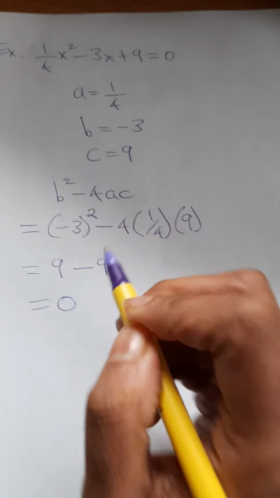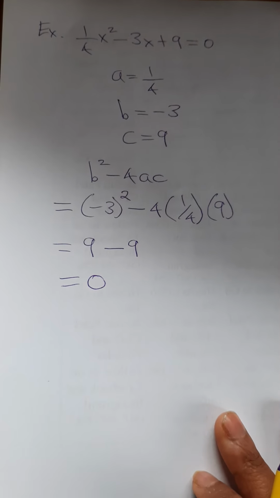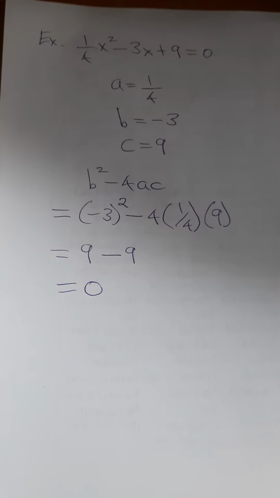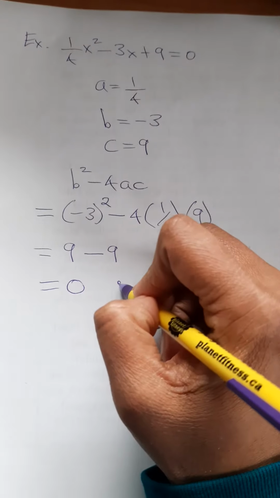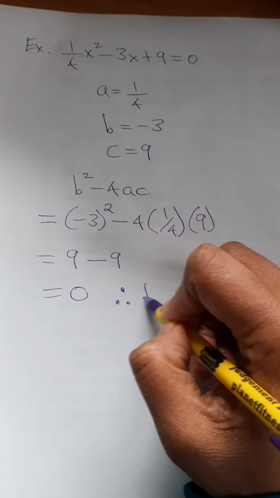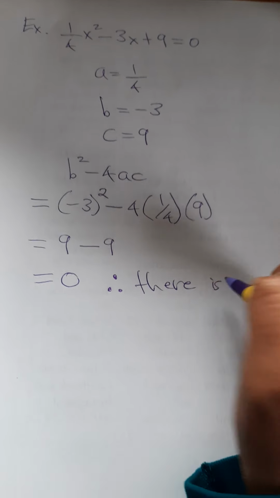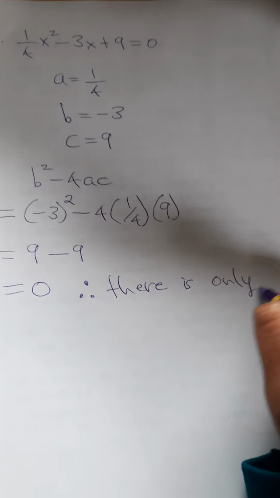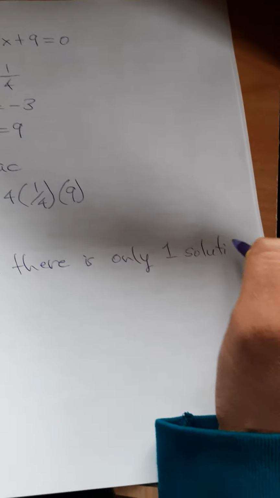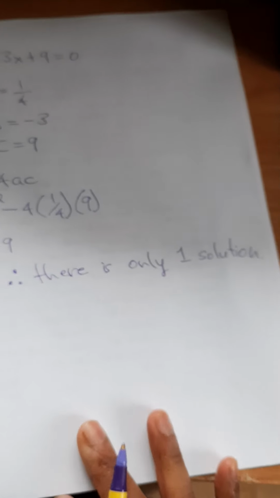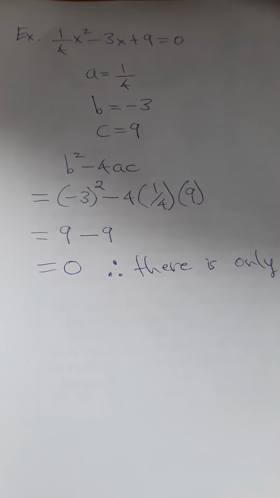So I'm getting 9 minus 9, which is equal to 0. Since the discriminant is equal to 0, we're going to put therefore, there is only one solution. So again, just one solution, or there's only one x-intercept in this case.